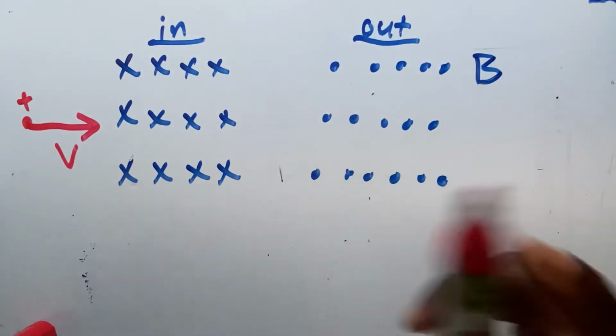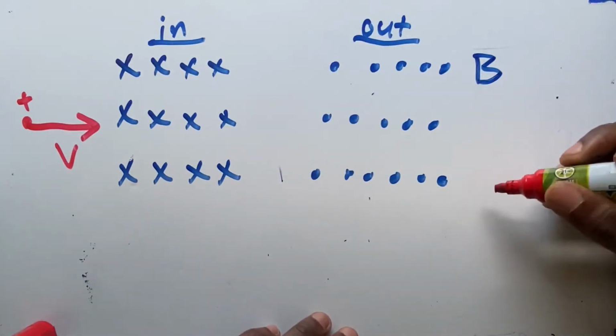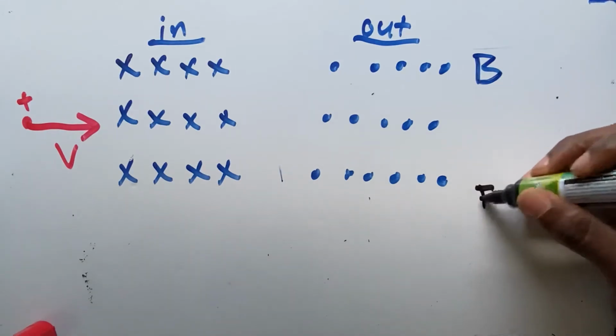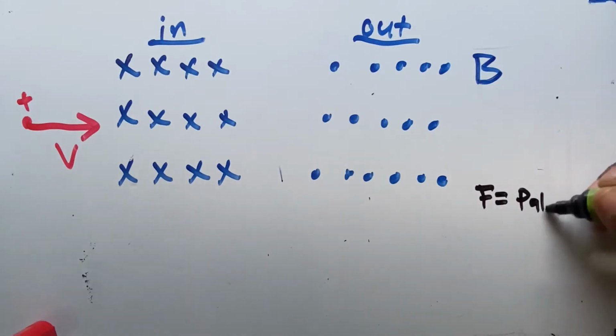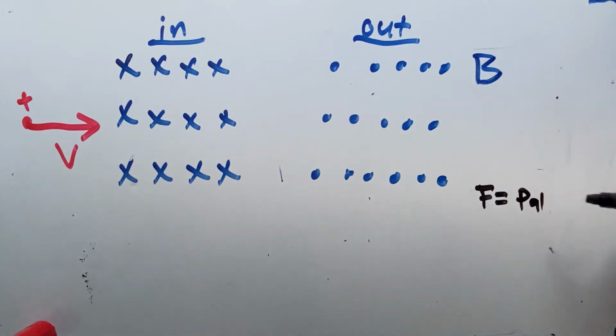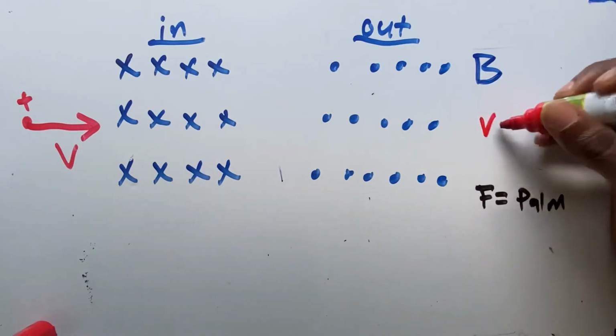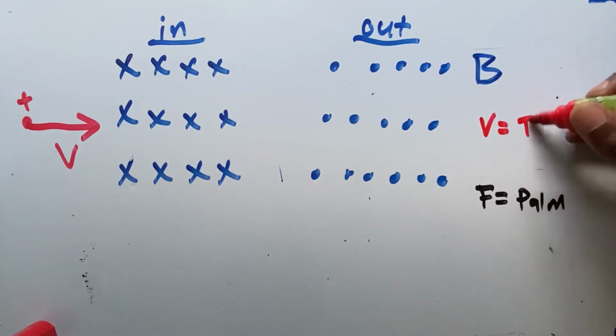And so then my palm would be the force, right? So let me write that out. So the force is going to be the palm. The velocity, v, is your thumb.